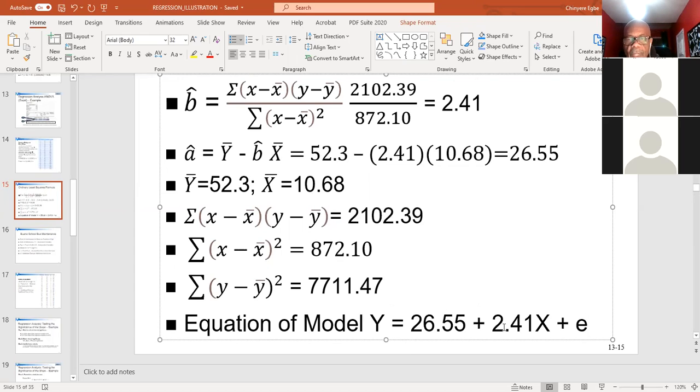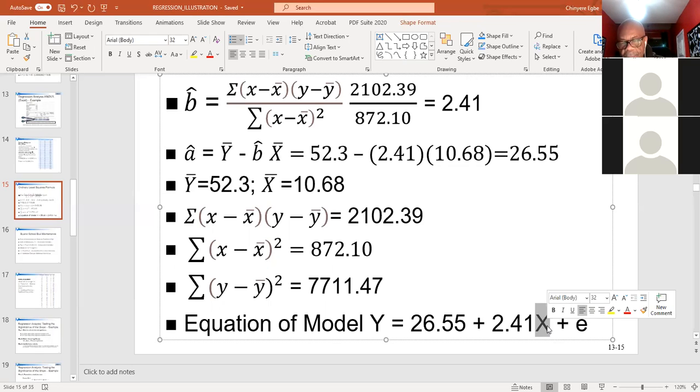If x is zero, if the company pays no dividend per share, then the base price is $26.55.